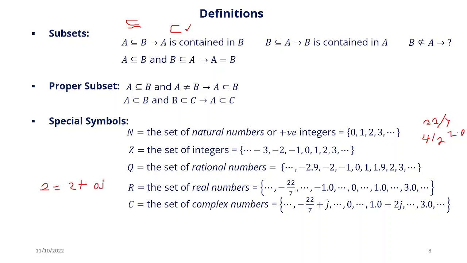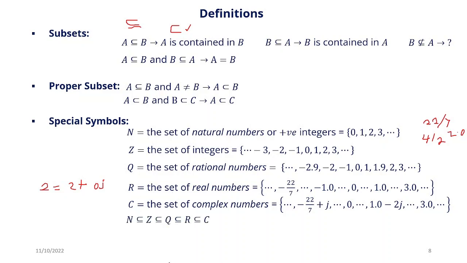So the set of complex numbers contains the set of real numbers, the set of rational numbers, the set of integers, and the set of natural numbers. In fact, if C contains everything, it means that C contains everything.